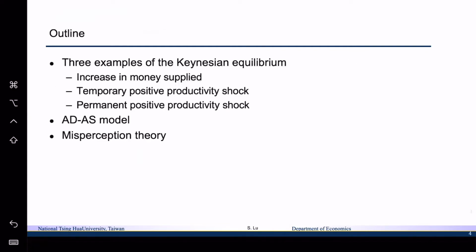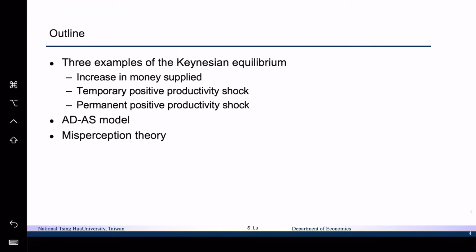So the outline for today is as follows. We are going to talk about 3 examples for how to come up with the Keynesian equilibrium by using the IS-LM model. The first example is when there is an increase in money supply, how does it affect the IS-LM equilibrium in the short run and in the long run?